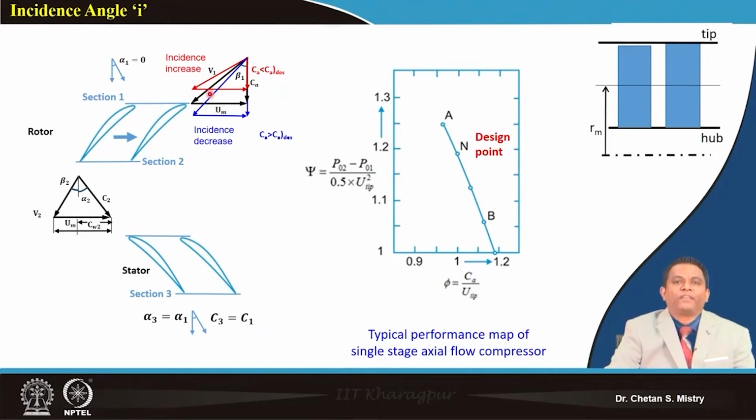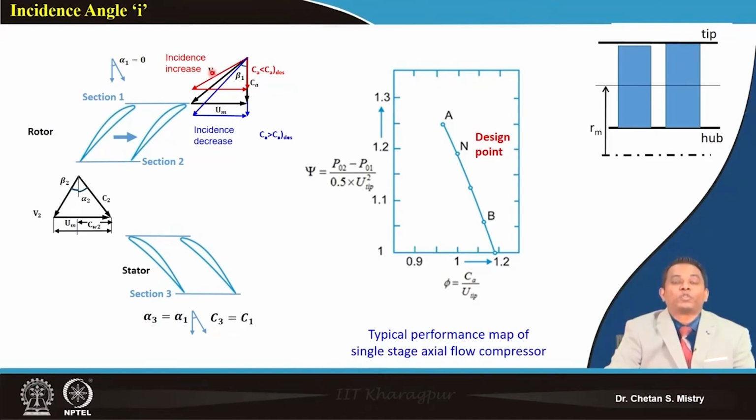So rather than discussing the change of angle from beta 1 to beta 1 dash and beta 1 double dash, we write it in terms of change of incidence. When my axial velocity is decreasing, my incidence angle is increasing.